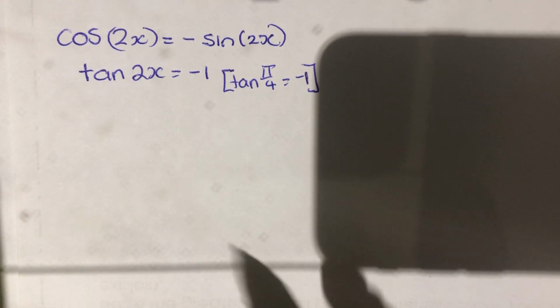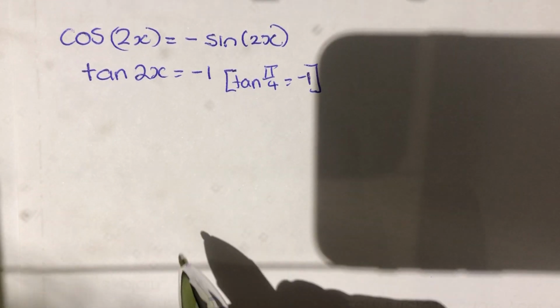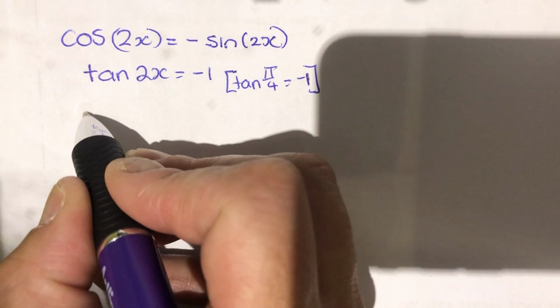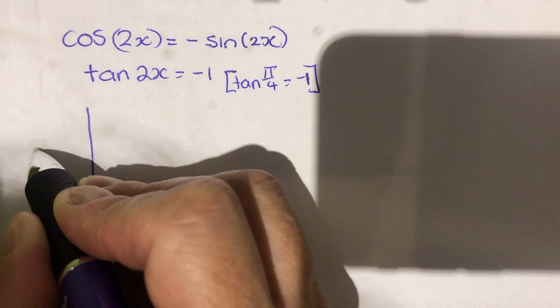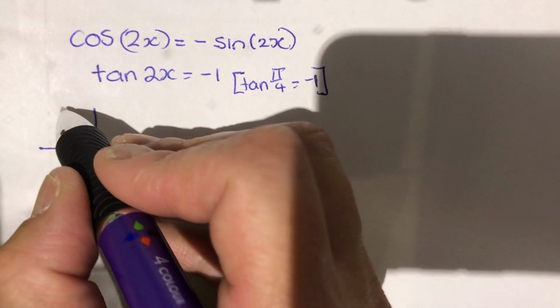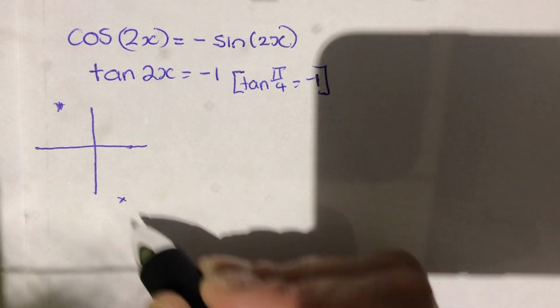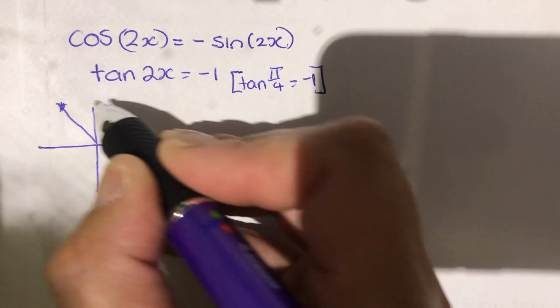If you think again about your circle, or where this information is going to be played out, we have negative in second and fourth, and we have pi on 4.